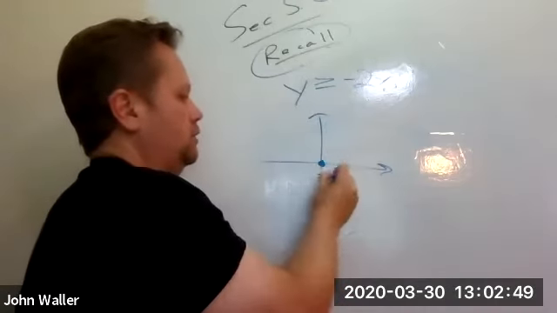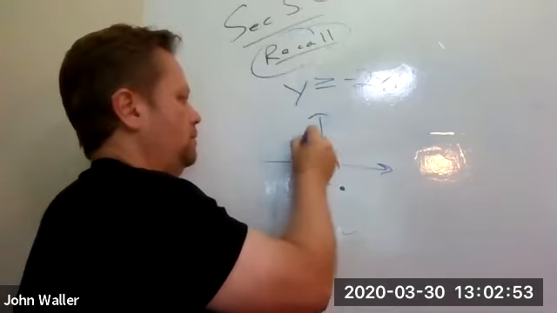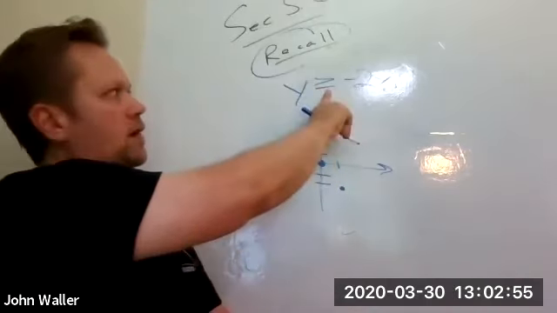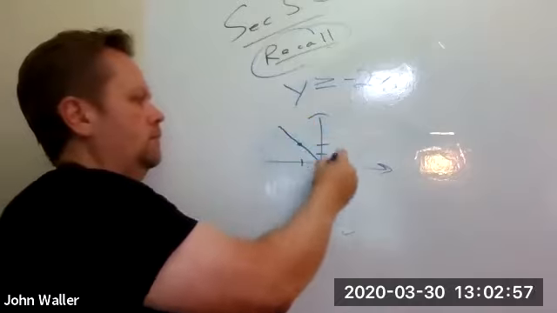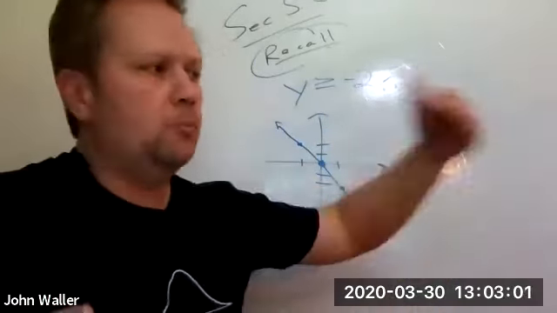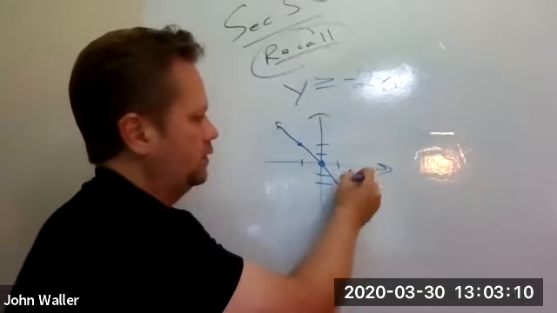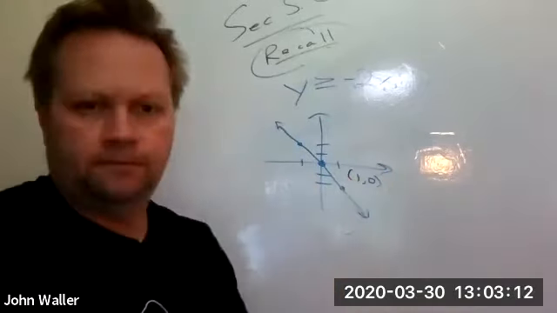And then it goes down 2, over 1. And I can also go up 2, back 1. It's going to be a solid line. I cannot use the point 0, 0 because it's not on one side or the other of this fence. So then I would use 1, 0, the next best thing.